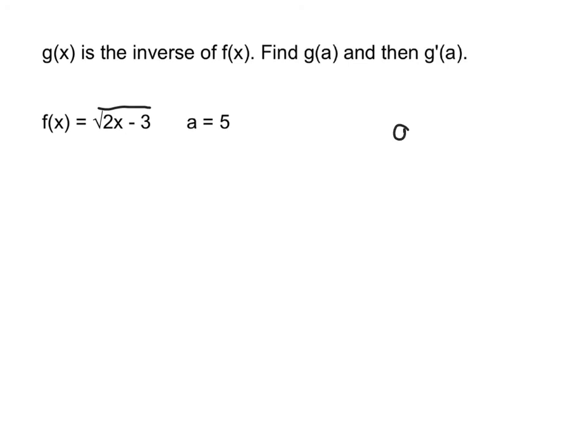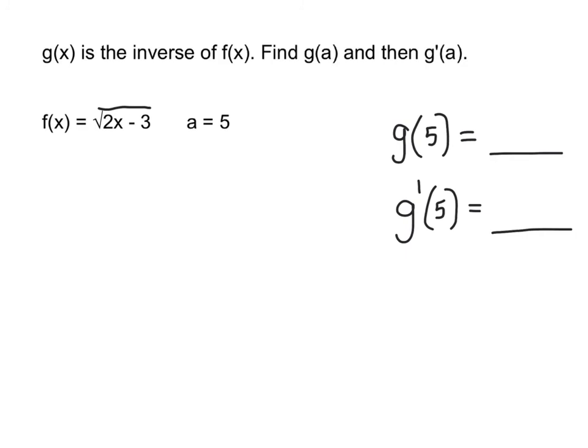So what we want to find is g of 5, which is a y value of the inverse. And then we want to find g prime of 5, which is the derivative of the inverse. If 5 is the x-coordinate of the inverse, it's the y-coordinate of f.